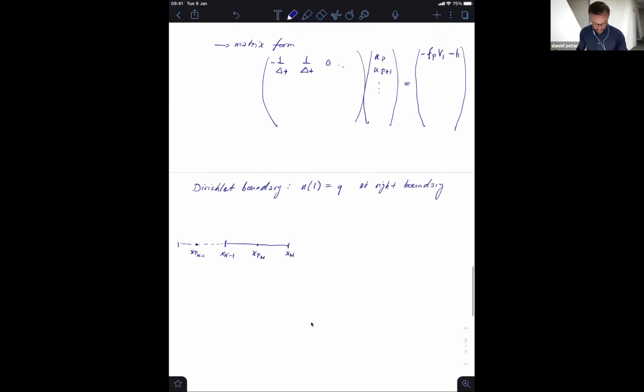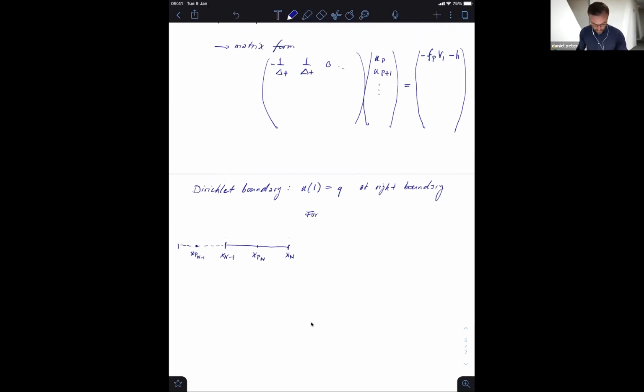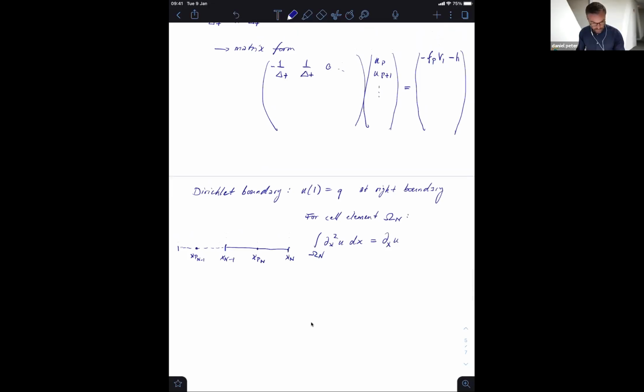So for our last cell element, let's call it omega n, we have this diffusion term that we need to approximate somehow, which is the derivative at the position xn minus the derivative at position xn minus 1.